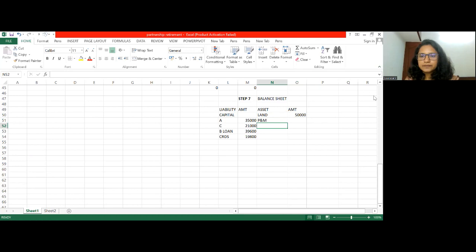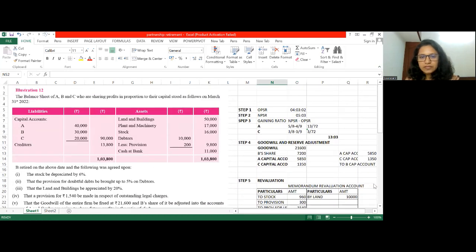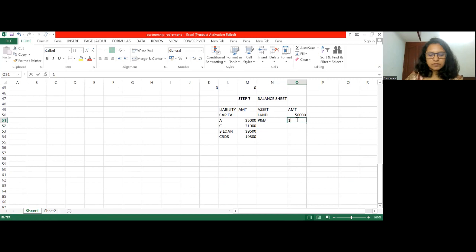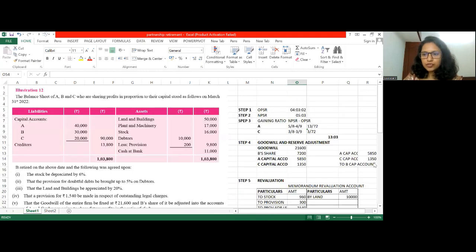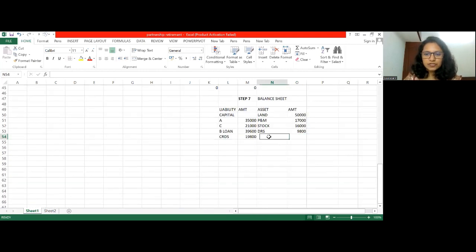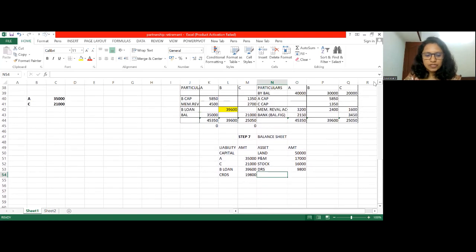Plant and machinery 17. Stock is 16,000. Debtors 9,800. So I'm taking the same figures. There is no change. Just keeping the figures as such in the previous balance sheet. Cash. So now cash at bank, we have 11,000 plus the amount that has to be brought in by A and C, which is 2,150 and 3,450.